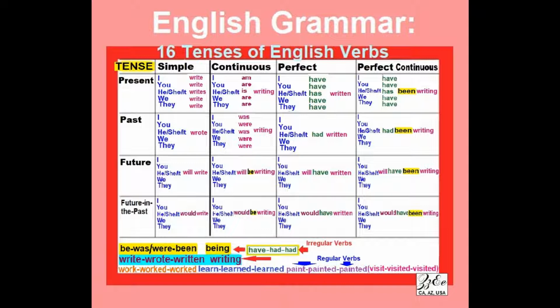Okay, we understand will, it's the future auxiliary. We understand written, it's a part of any perfect tense, past participle. What happens with the perfect auxiliary have? It needs to be in infinitive because it follows the auxiliary will.